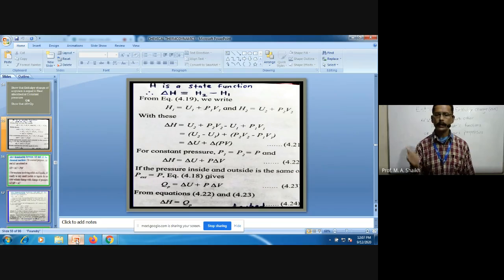Then the remaining part is we have to take the help of isobaric process. Why? Because in isobaric process, pressure of the system is constant.